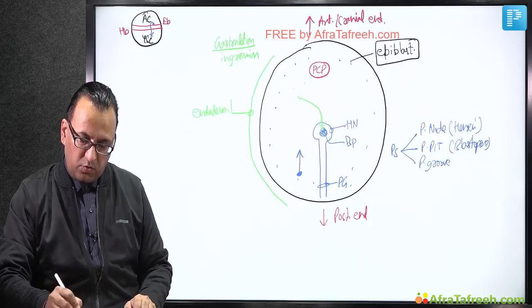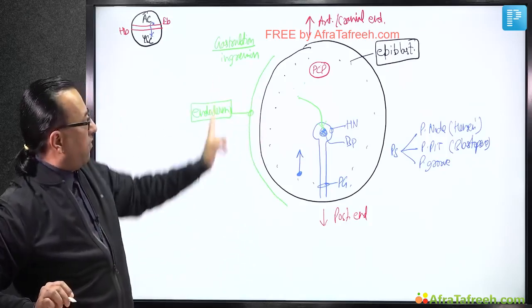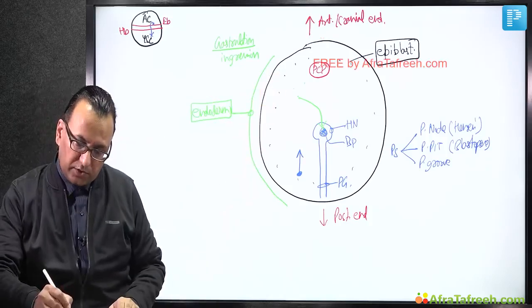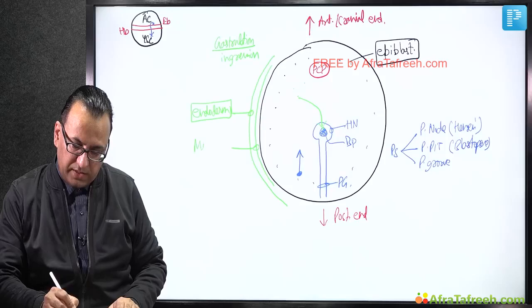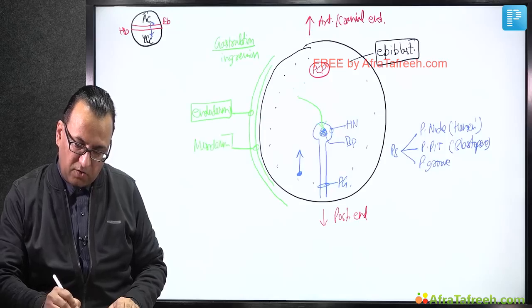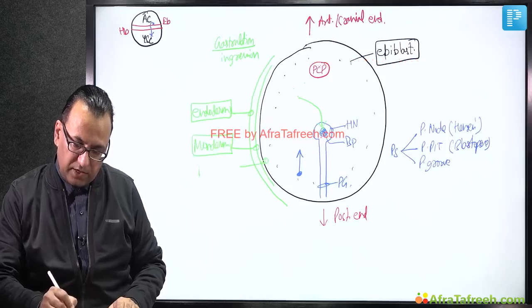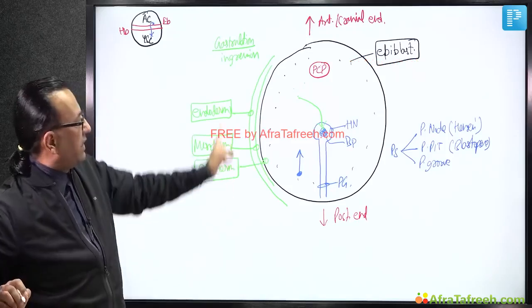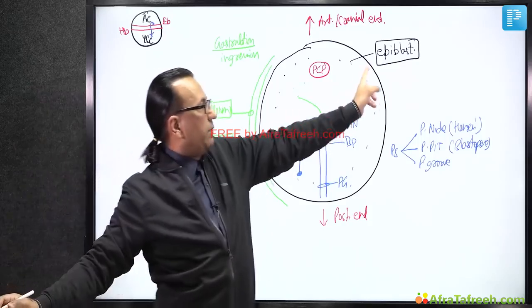But they continue moving downward and then form another layer, the middle layer, the mesoderm, which you can show here. And then the epiblast cells which are not migrating at all will convert themselves into the ectoderm. This is the formation of the 3 germ layers in the 3rd week from the epiblast cells.